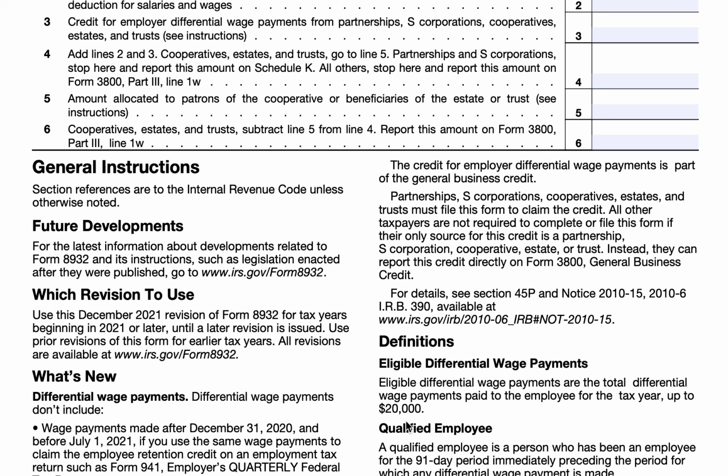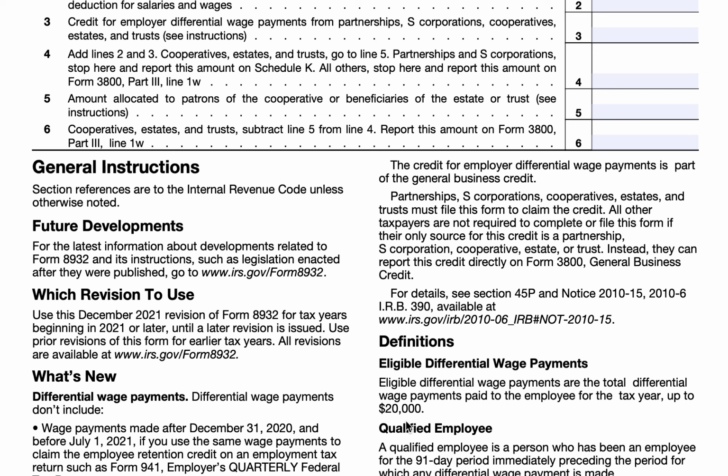For example, let's imagine Sergeant Smith is in the Army National Guard. He normally makes $100,000 per year at his employer. He is going to be deployed for 3 months. That means there is $25,000 that he would have earned from his employer had he worked for that 90-day period.